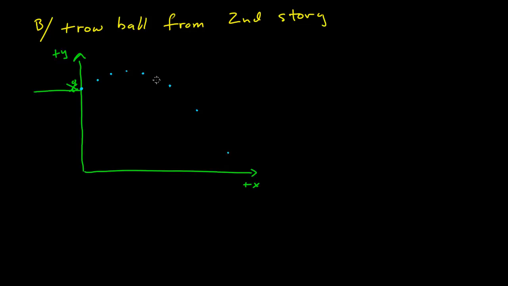That may not be the greatest drawing, but now these are snapshots of equal time intervals of a ball being thrown from a second story. The same idea. I've got my ball represented by a point particle, and I'm looking at where it is at equal points in time.